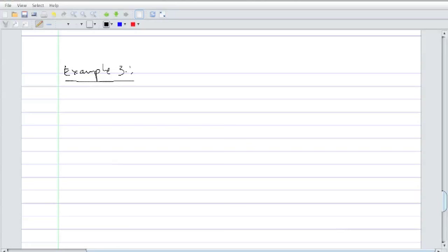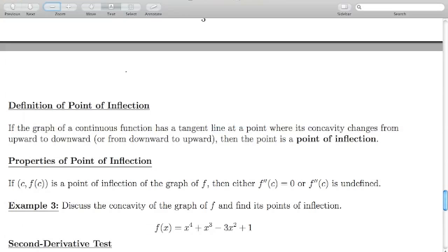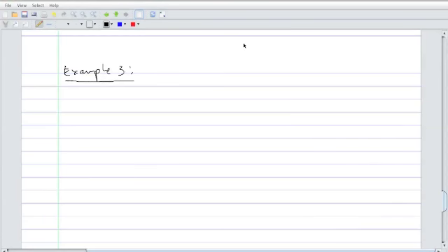Again, we want to discuss the concavity of the graph of f and find the points of inflection. So we're given this f of x equal to x to the 4th plus x cubed minus 3x squared plus 1. So again, if we're talking about concavity, we need to look at f double prime.